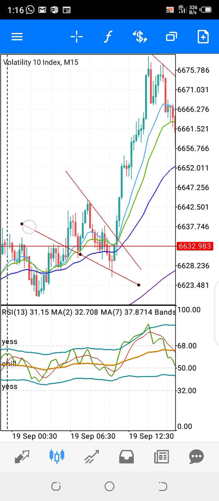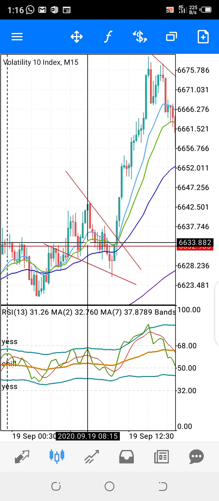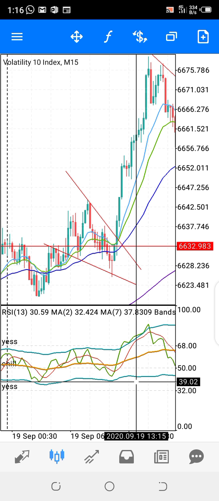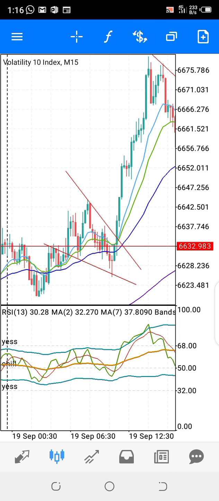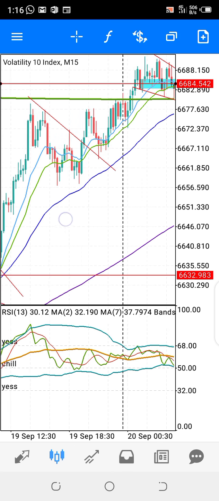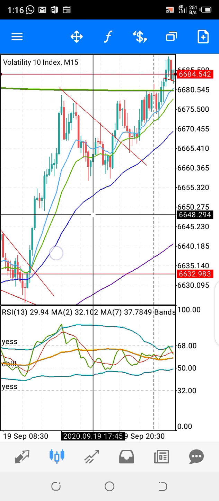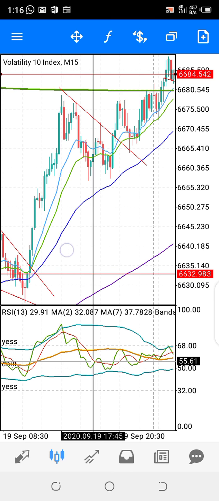Why? This is a nice flag structure, but according to the rule, it's not proper because we don't have a shark fin in this end, so you don't trade it. Let it go. Okay, discipline. And also this one, it was a nice flag, but no shark fin. We don't trade it. We leave it.